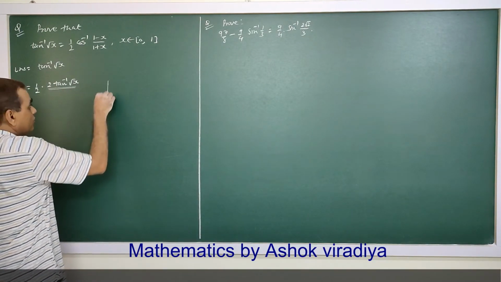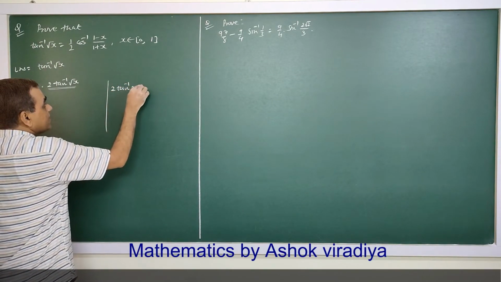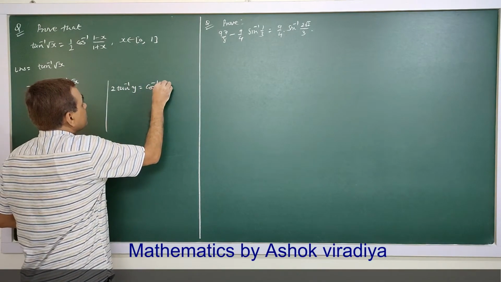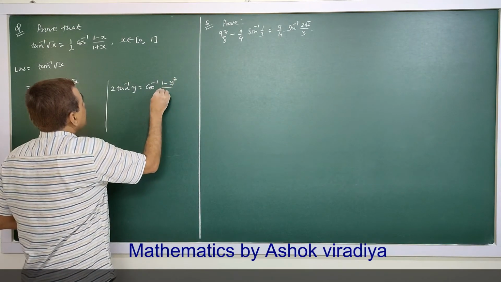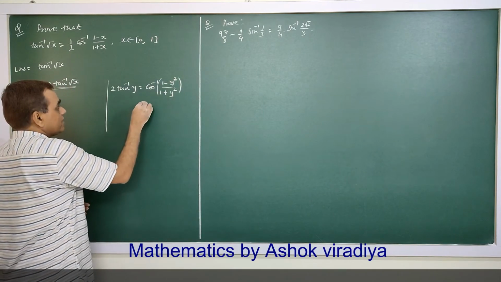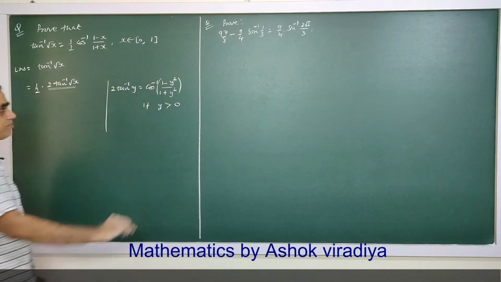See, the result was, we know that 2 times tan inverse y is equal to cos inverse (1 minus y square) upon (1 plus y square), where y is greater than 0.